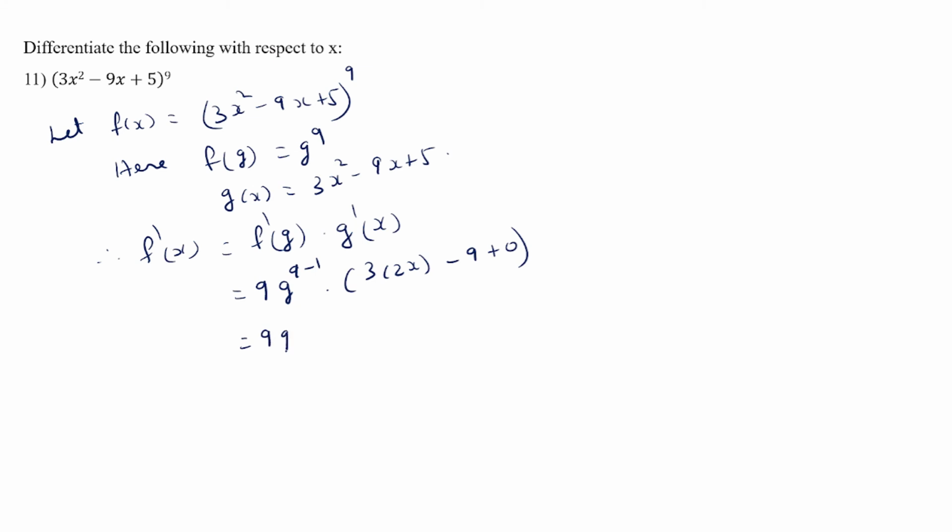So this is equal to 9g raised to 8 into 6x minus 9, or it is equal to 9 into 3x square minus 9x plus 5, the whole raised to 8, into 6x minus 9. This is f dash of x.